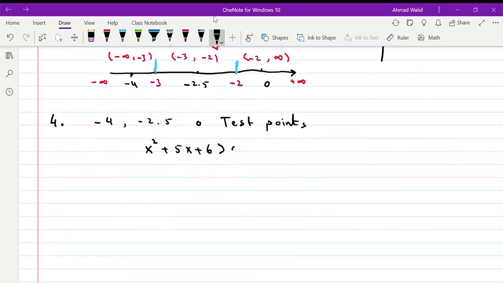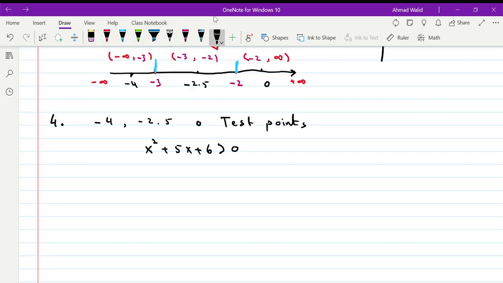You plug these test points into your actual given inequality, and you see what happens. Does the number satisfy the inequality or not? In other words, do you end up with a true statement or a false statement? Let's do it.